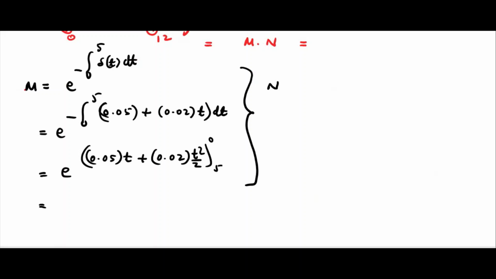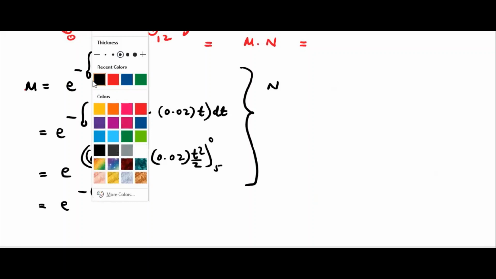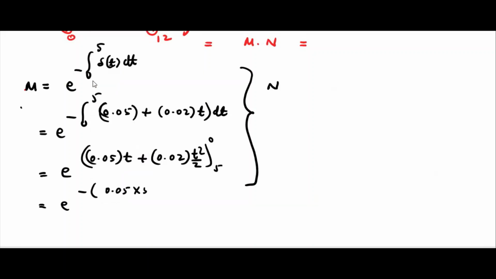Then you put 5 here, e power minus 0.05, here 25 by 2, again 5, plus 5 into 0.02.